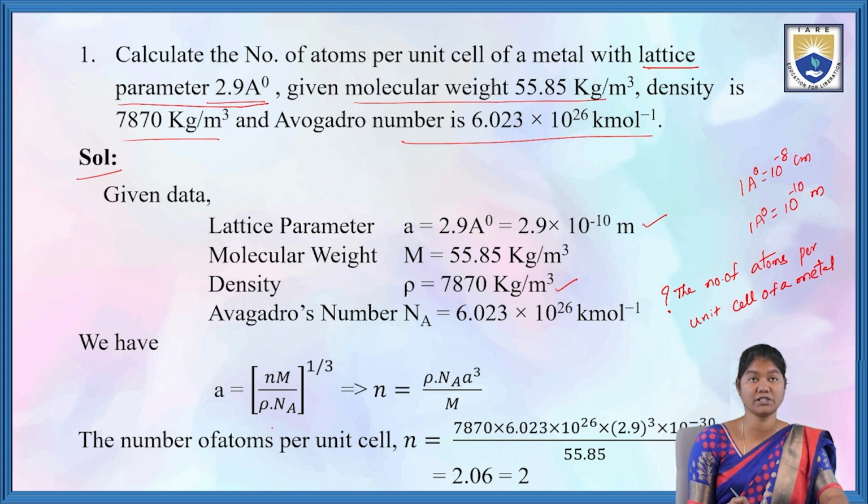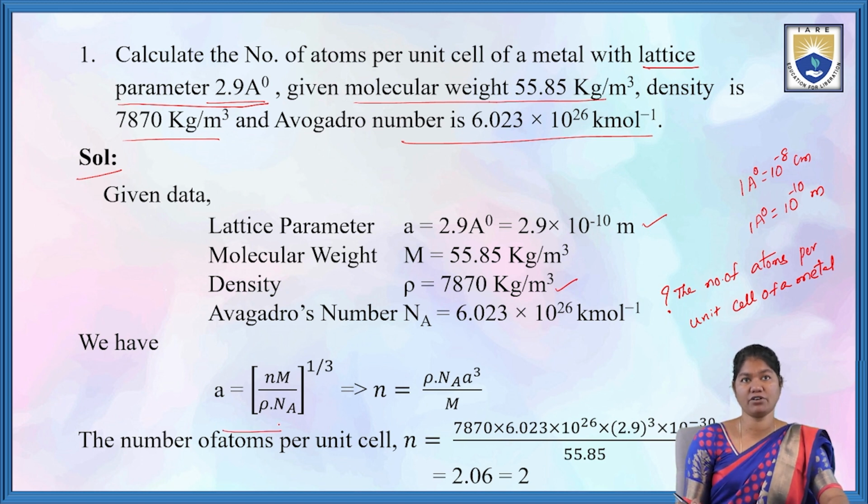A is equal to (Nm by rho Na) whole power 1 by 3. So here A is the lattice parameter, N is the number of atoms per unit cell, M is the molecular weight, rho is the density, and Na is the Avogadro's number.